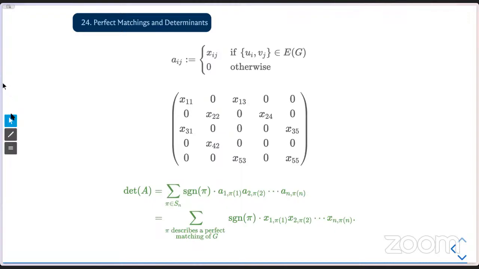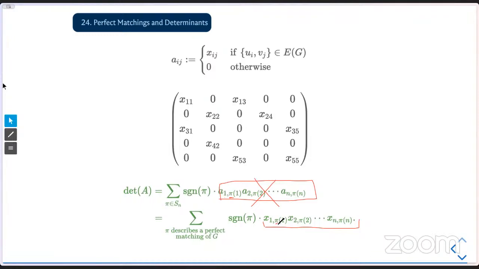And notice that if you're looking at this term here, and one of these things, some i comma pi of i, is not an edge, then that term just gets killed, along with the sign, the whole term gets killed. But on the other hand, if pi corresponds to a matching, then each of these terms corresponds to some variable, and that entire product of variables will surface in the sum, right?